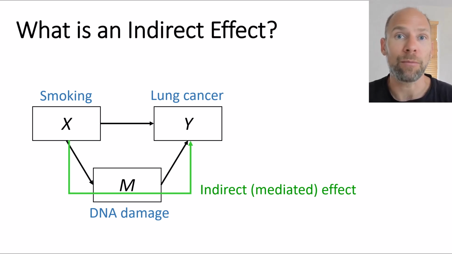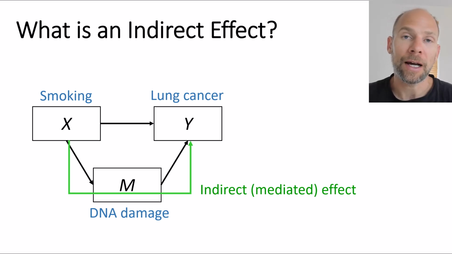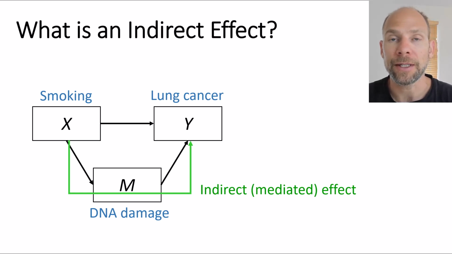You could have more than one mediator variable in the causal chain of events. There could be something else happening between DNA damage and the lung cancer outcome variable. There could also be multiple mediators that could be relevant here. And so models like this can be quite complex.